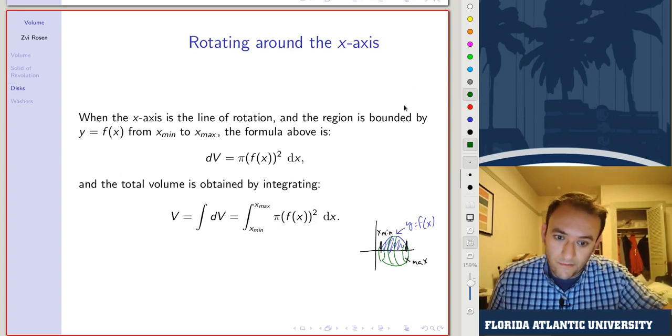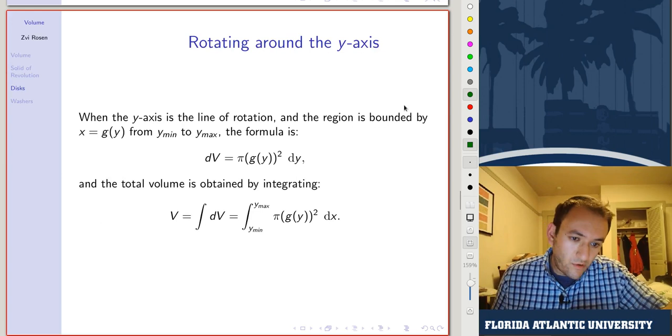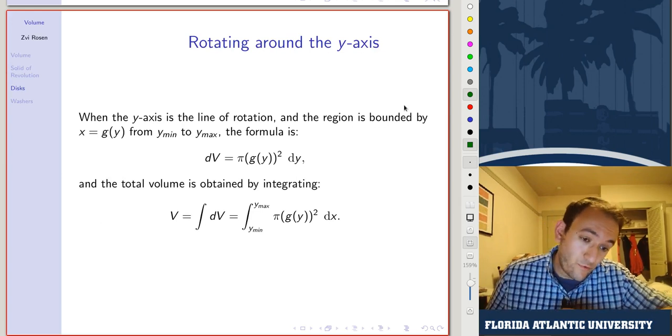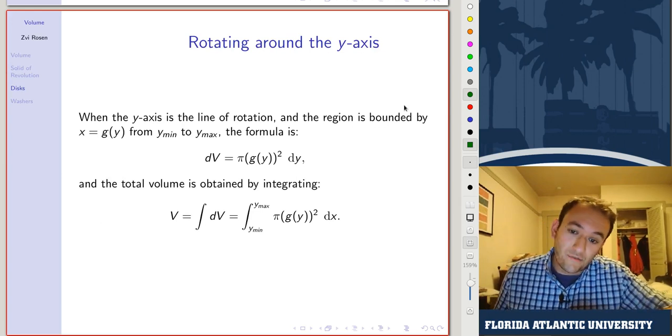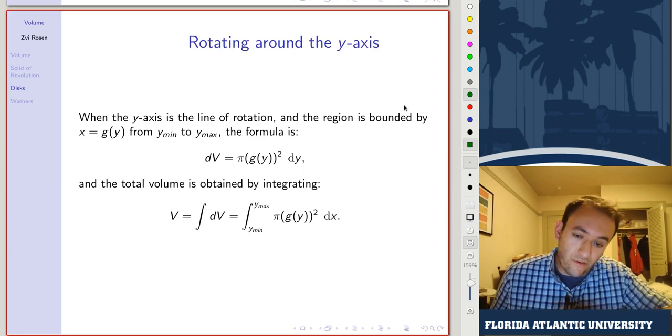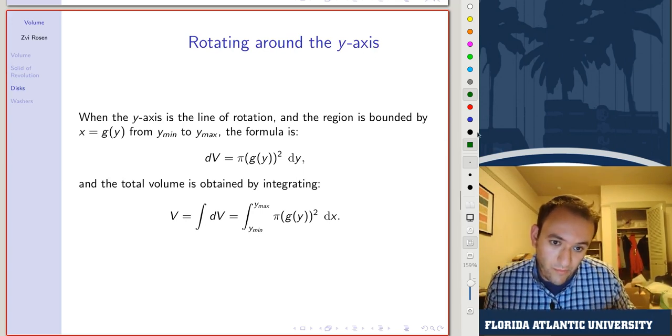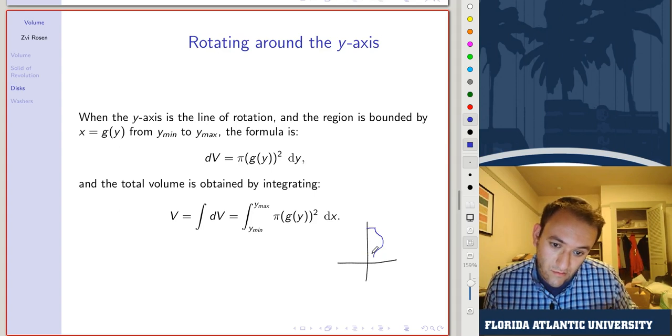All right. And we get a very similar picture if you're rotating around the y-axis, just everything is in terms of a function of y. And I'll draw a quick illustration of that. So here you have some function x equals g of y, and here's a y min and a y max.